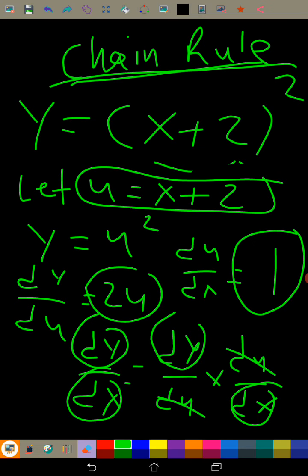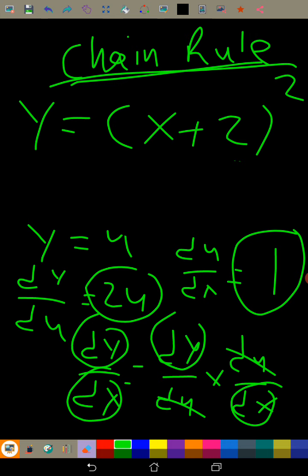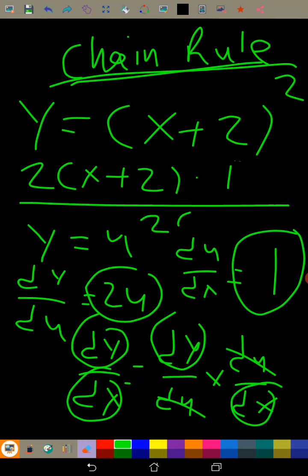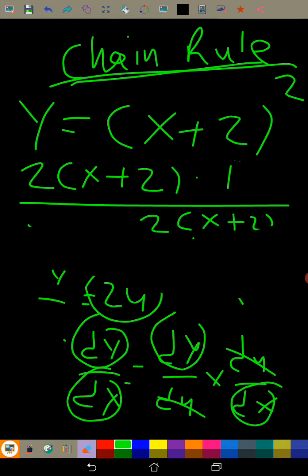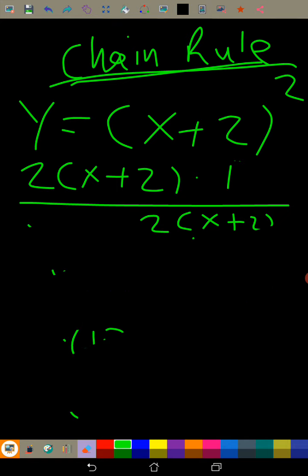But let's do this. So what we're going to do is just write this. 2u is 2 times x plus 2 multiplied by 1, which gives you 2x plus 2. That's it. That's the answer. So we use the chain rule, and we got this.